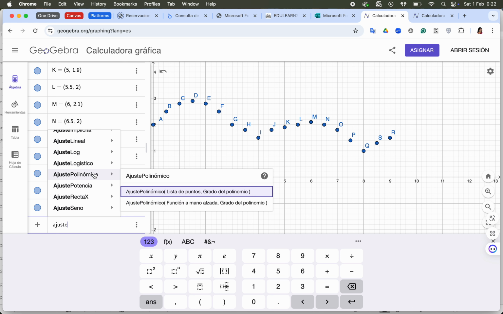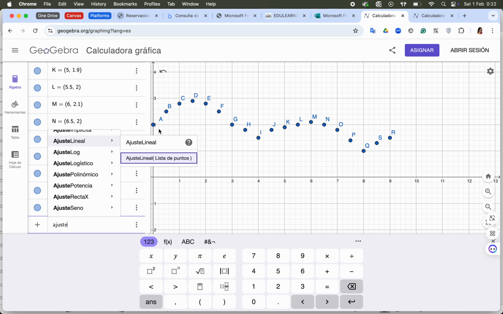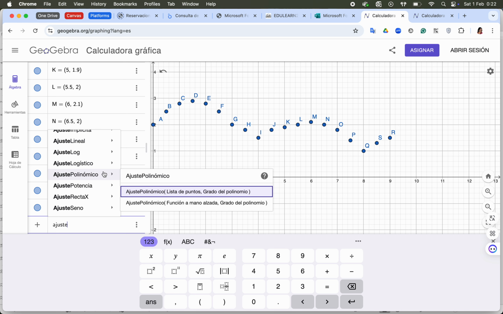So right now what I'm going to do is polinómico. Why? Because if you see here, for this start of my function of my bottle, I see a quadratic function. Okay, remember that quadratic function is a polynomial function.